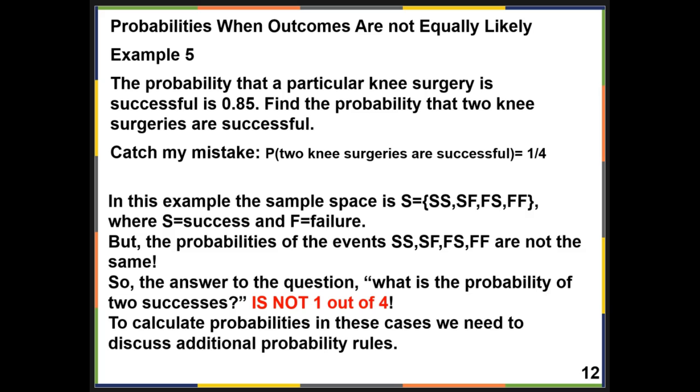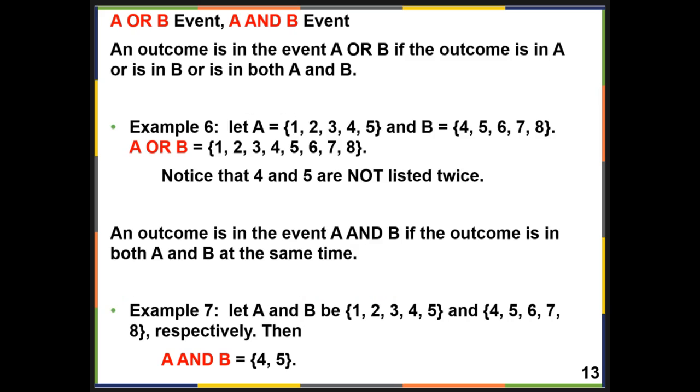In this example, the sample space is success-success, success-failure, failure-success, and failure-failure. But the probabilities of the events are not the same. So to answer the question, what's the probability of 2 successes? It's not 1 out of 4. To calculate probabilities, we need to discuss additional probability rules.